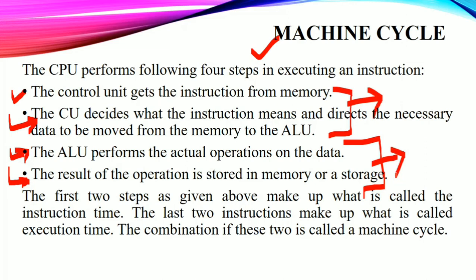Both of these cycles combined are termed our machine cycle. So the first 2 steps make up the instruction time, whereas the last 2 are the execution time, and combined these 2 times are termed the machine cycle.